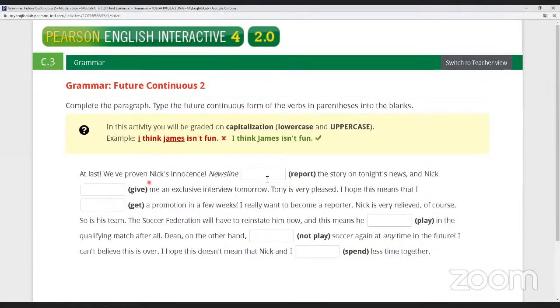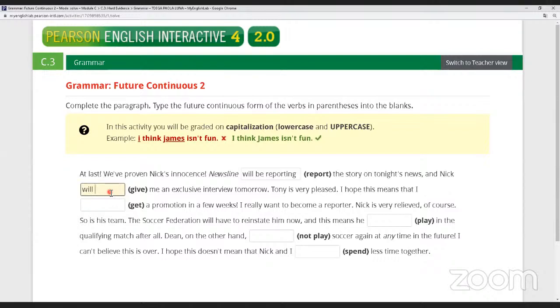At last, we've proven Nick's innocence. Newsline will be reporting the story on tonight's news. And Nick will give me an exclusive interview tomorrow. Tony is very pleased. I hope this means that, oh, sorry. Could you repeat?